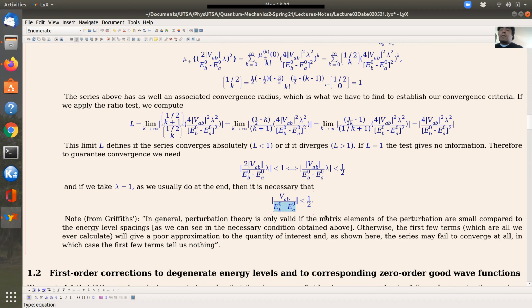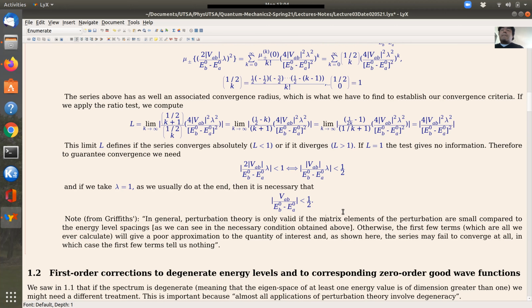When you jump from one state to the other. So just keep it in mind, meaning that the perturbation has to be small. It's actually way more crucial than taking the k to infinity. And partially that's why we stop at second order.